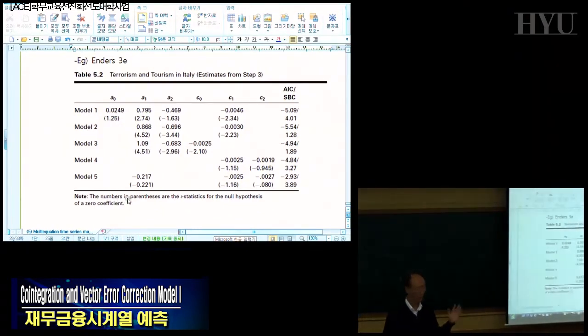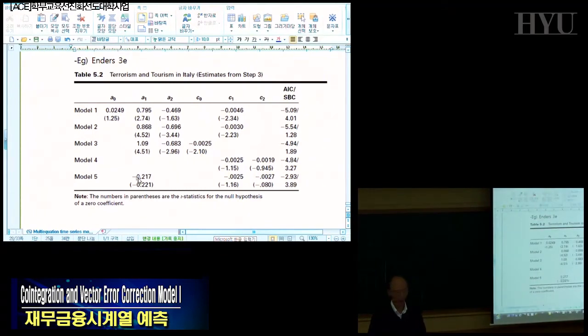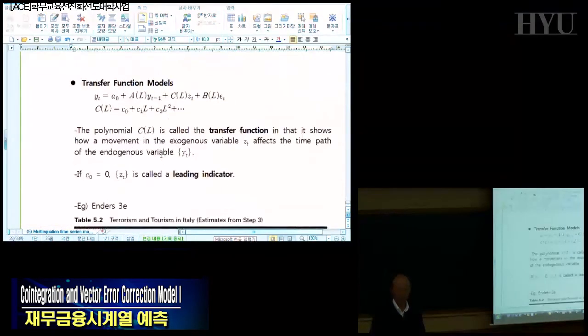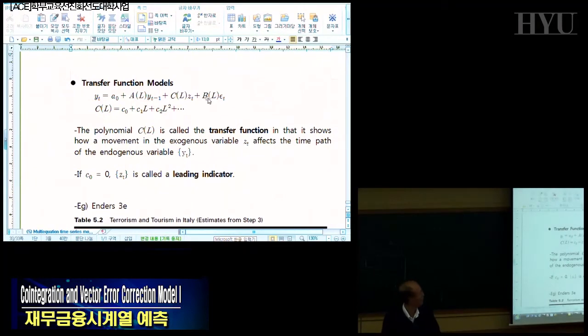So that's the simple idea of intervention analysis, and I think that's enough. So this concludes our note 5 about multi-equation time series models.